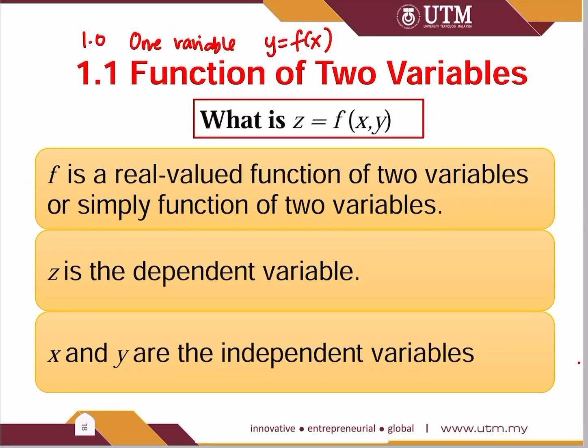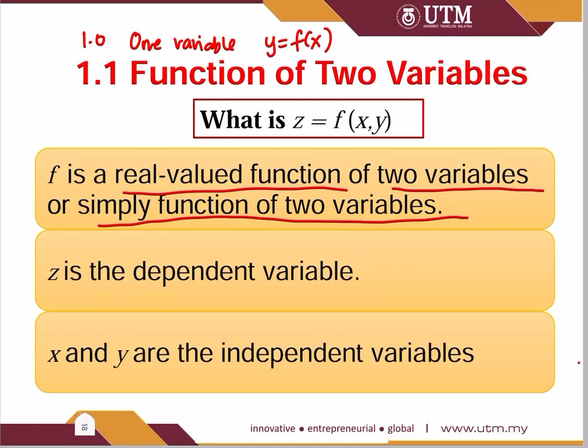For this case, we want to look at the function of two variables, which is z equal to f(x, y), meaning that we have a function z in terms of two variables x and y. So f is a real-valued function of two variables, or simply a function of two variables, meaning that f consists of two variables, let's say x and y.